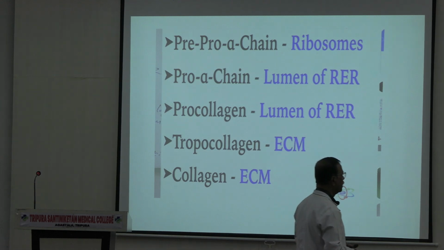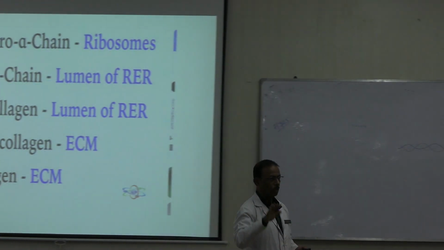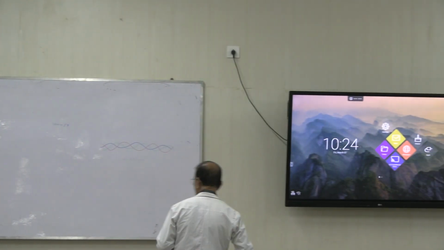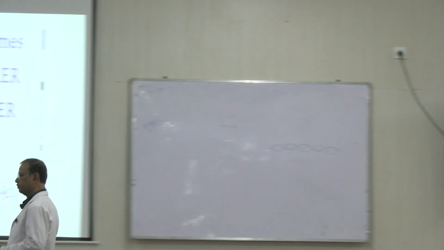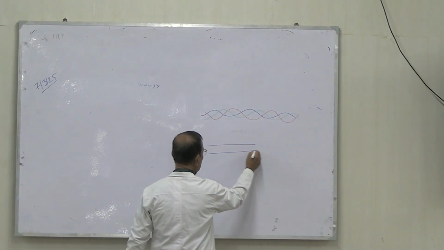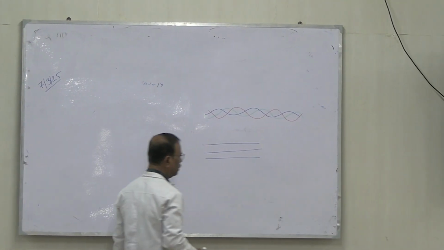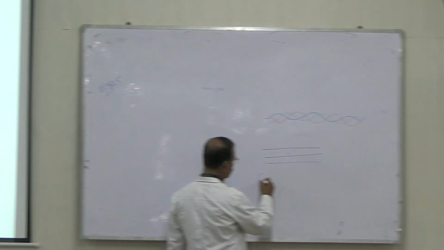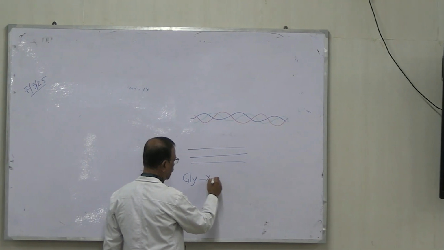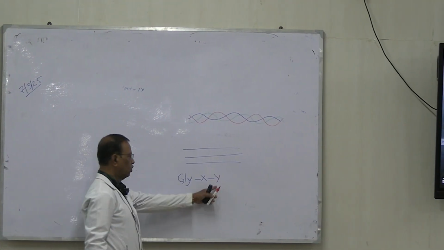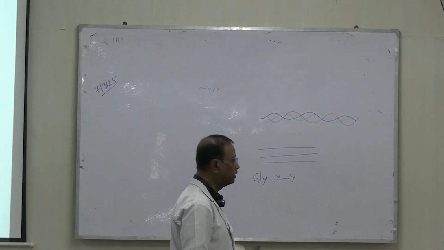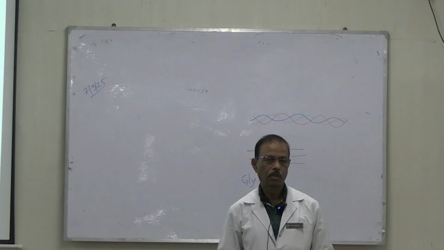Collagen has repeated units of glycine, X, Y. Each chain is composed of repeated units of glycine, X, Y. Y is proline or hydroxyproline and X is any other amino acid. Okay?